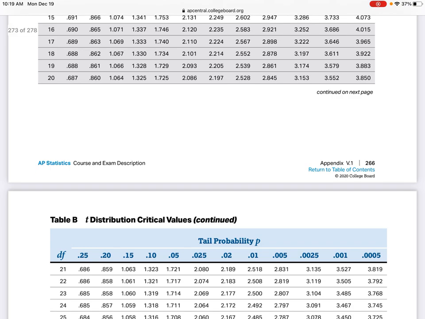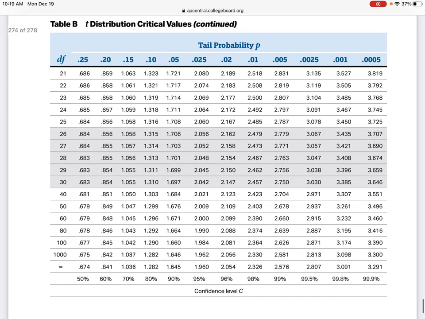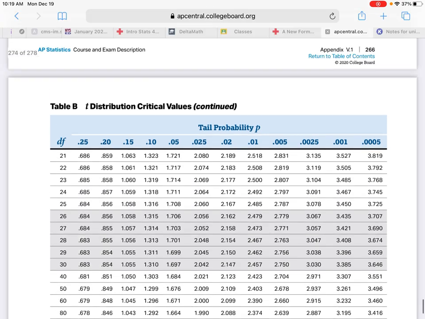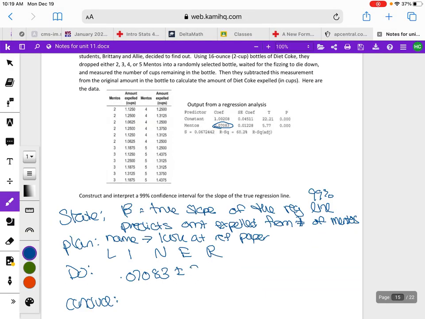Okay, so 22, and then we would scroll up. We want 95% in 22, so 2.074. And then we have times your standard error of the slope, which is 0.01228.